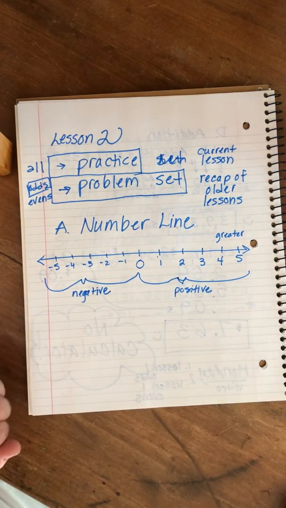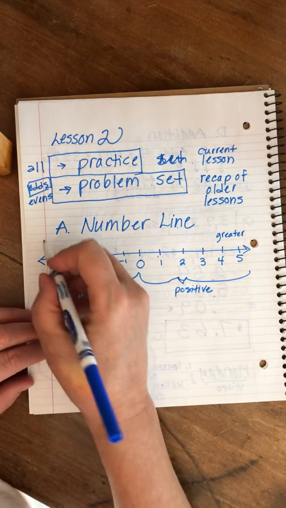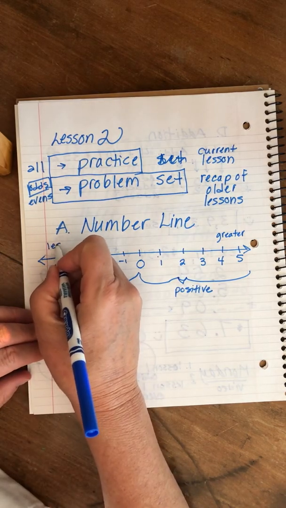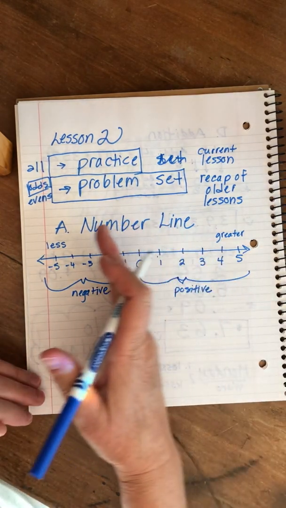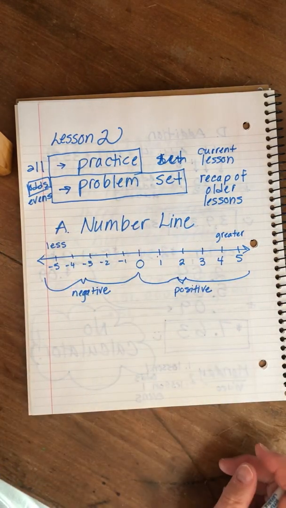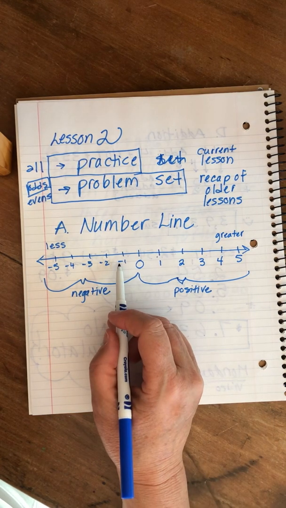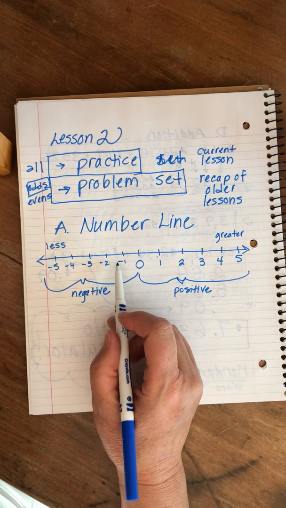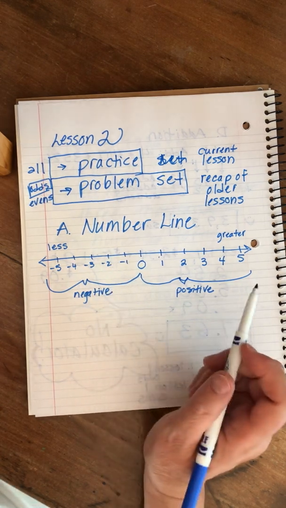Right? And we can go infinitely in that direction, and the numbers keep getting smaller or less than. So greater is when we move to the right, and less is when we move to the left. The minus sign, we can say negative 1 or we can say minus 1. Negative 1 is the more appropriate, okay?